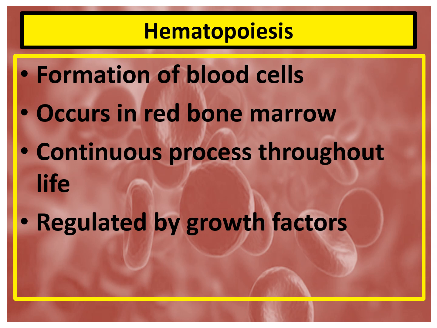So an RBC which was born today has to be cleared from the body on the 120th day, so there will be a lacuna. To cover this, a continuous procedure is mandatory right from birth to death. And this hematopoiesis is regulated by growth factors. It depends upon the age.